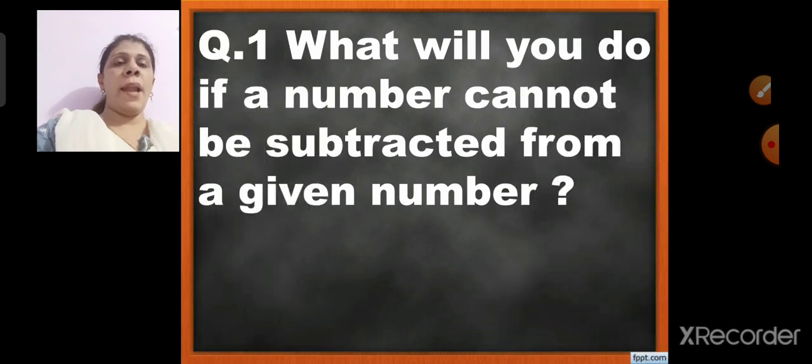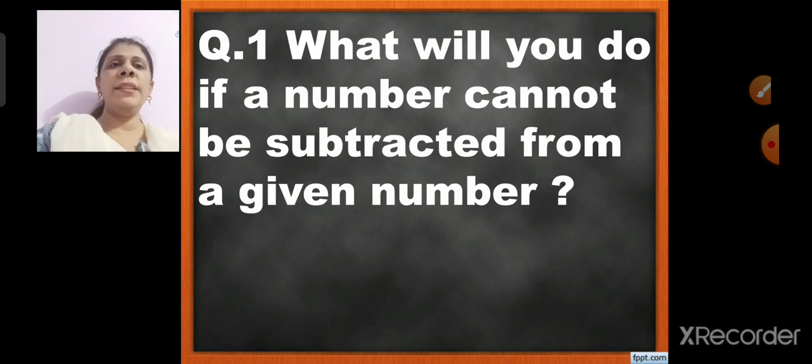Question number 1. What will you do if a number cannot be subtracted from a given number? What do we do in subtraction if we have a smaller number given and we are not able to subtract it from the bigger number?